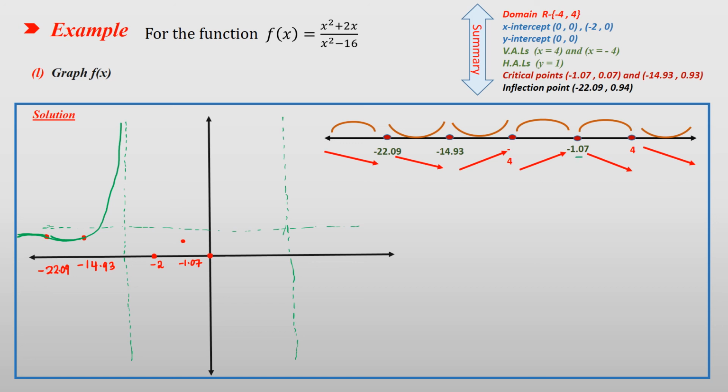After negative 4, from negative 4 to negative 1.07, it is increasing and concave down. Then from negative 1.07 it is decreasing and concave down.